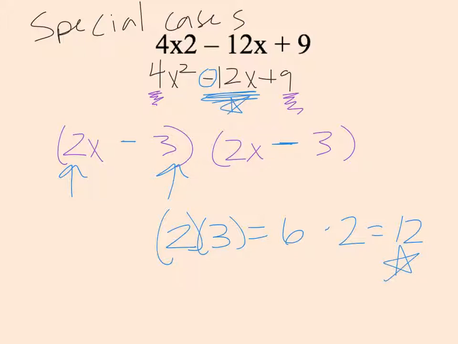Again, you first look at your A and C and see that they're perfect squares. Then you take the perfect squares of both A and C right here, and that's where I get the 2 and 3 from. And my middle term is negative, so I want to make sure that my middle term is negative. And voila.